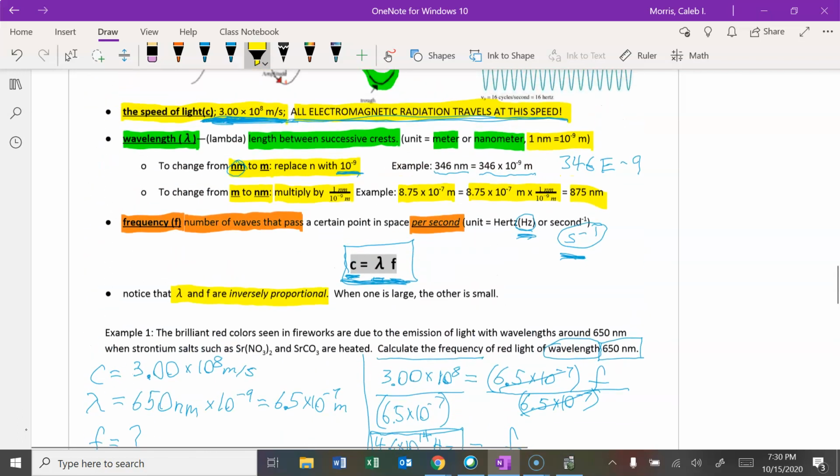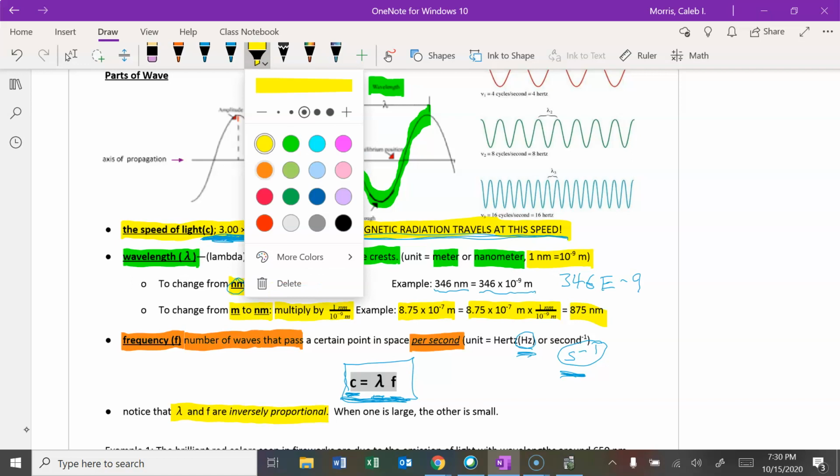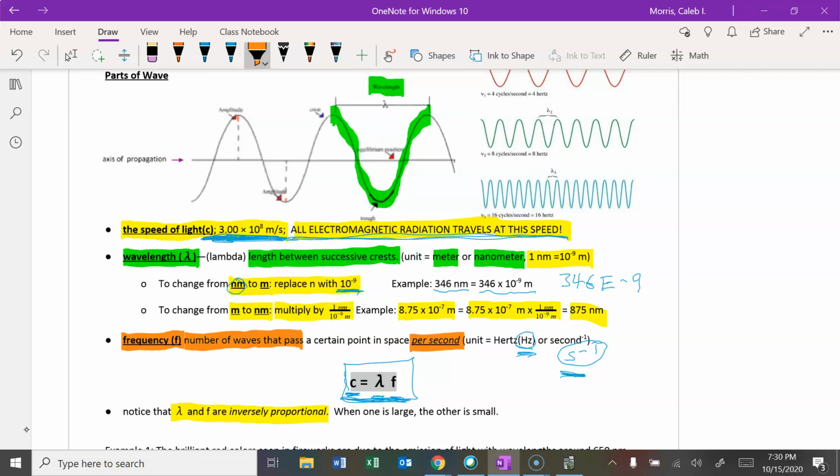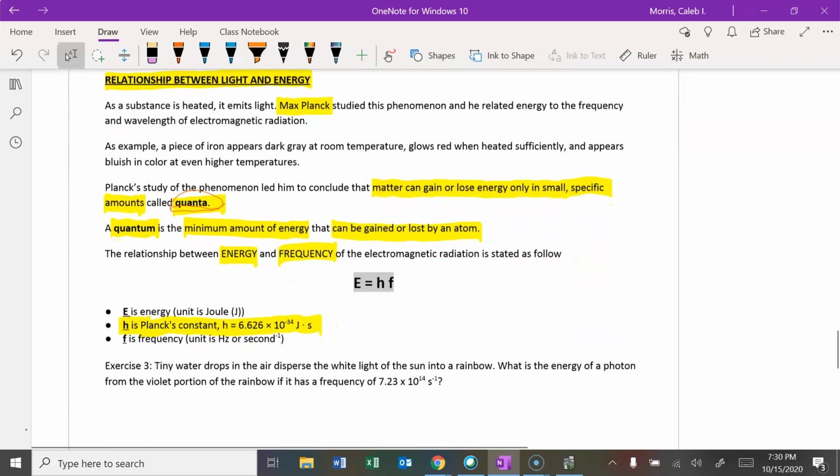Remember in our last equation, I'm going to scroll back up to the last page. The speed of light is always 3 times 10 to the 8th meters per second. Planck's constant is always 6.626 times 10 to the negative 34th joules per second.